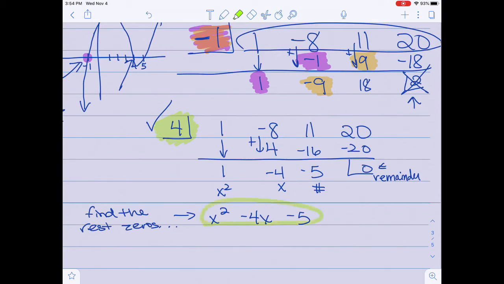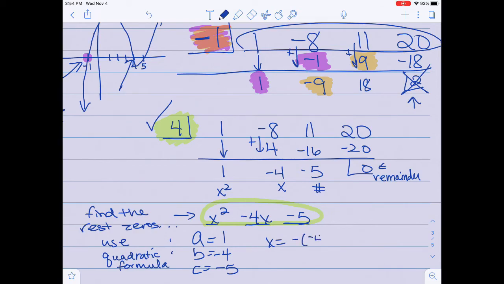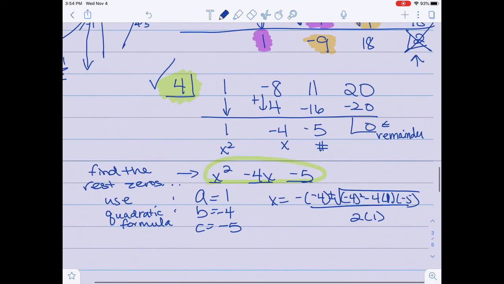But since this is a quadratic, don't we have a way to directly find them instead of having to test all those values? Once we have this in quadratic form, we can use the quadratic formula. All right, so let's do it. We've got our a, b, and c values: 1, -4, and -5. x equals -b plus or minus the square root of b squared minus 4ac, all over 2a.